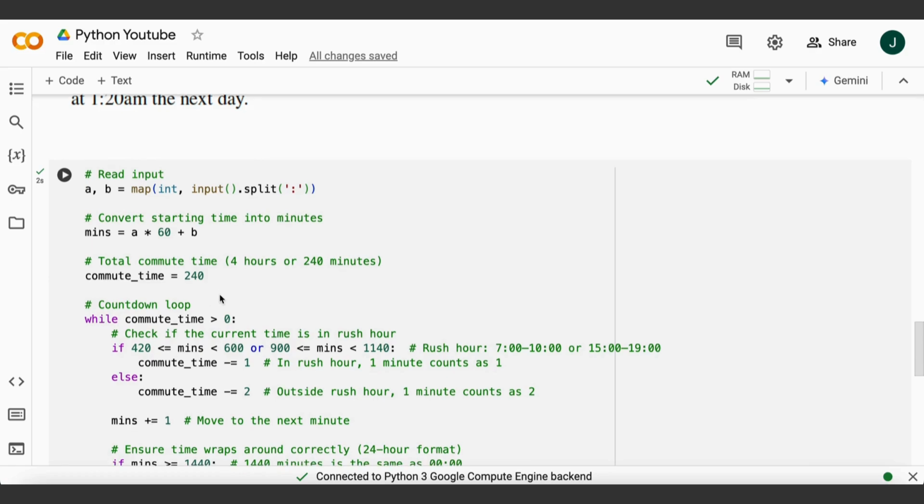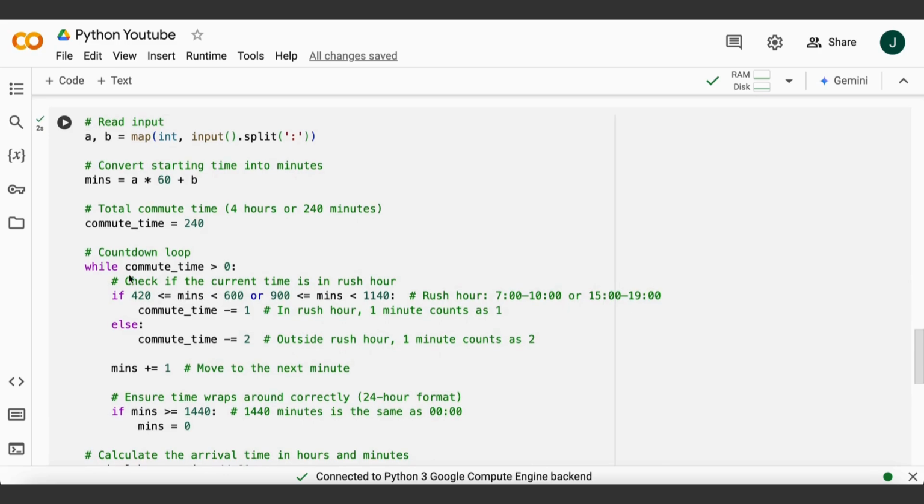So what I'm going to do is some countdown loop, okay? While commute time is greater than 0, that logic happens, okay? I got totally 240 minutes, right?